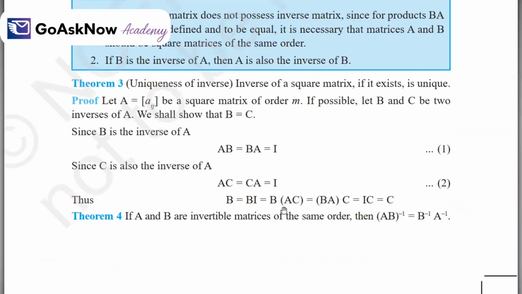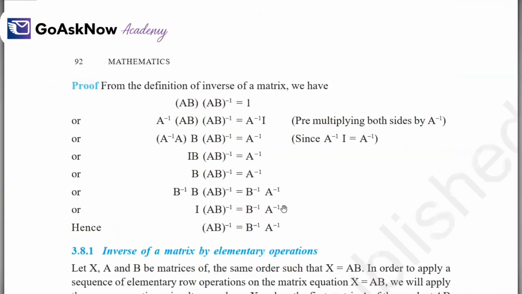If A and B are invertible matrices of the same order, then (AB) inverse is equal to B inverse A inverse. We can prove that.